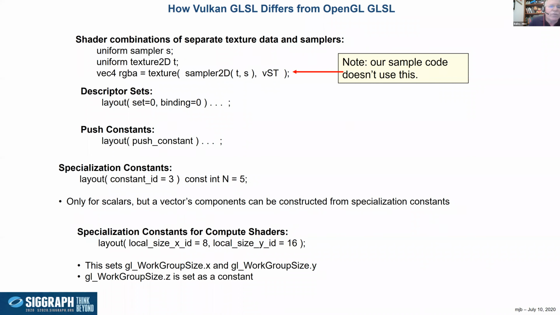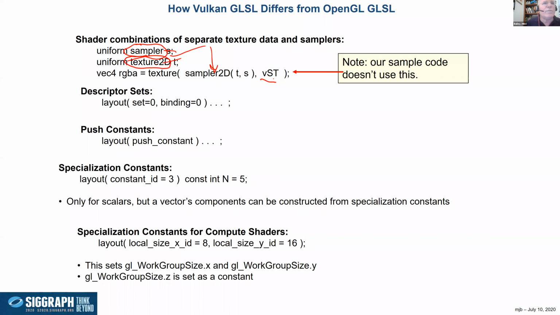There are some other interesting differences. You can actually separate the sampler, the parameters of a texture, from the texture data. And you do it like this, and then you combine them both right here, and you still pass in, say, a vec2 to index into the texture.